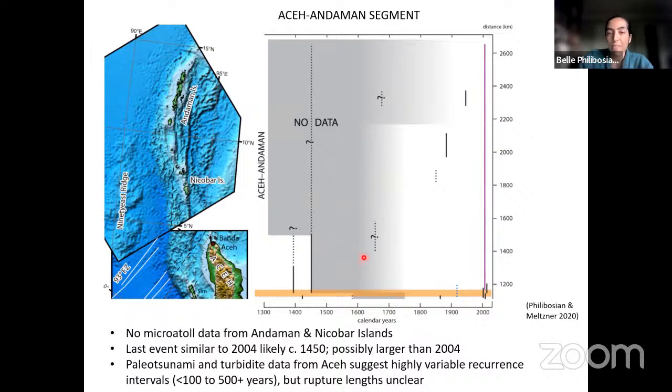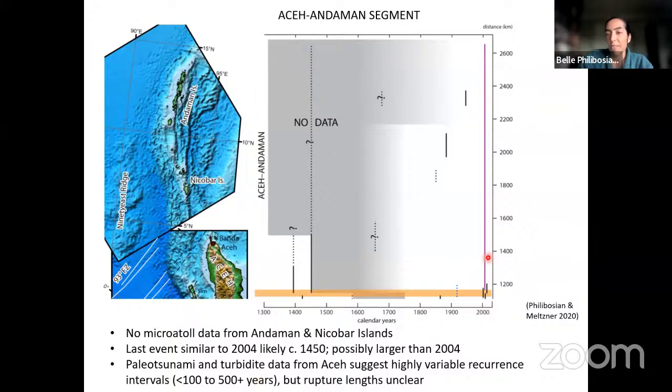But we do know from historical records that prior to 2004, there were a number of smaller earthquakes in this area, but none of them, even taken all together, were anything like the 2004 rupture. They were much, much smaller. The last event similar to 2004 probably occurred around 1450. That one might have even been larger than the 2004 earthquake.